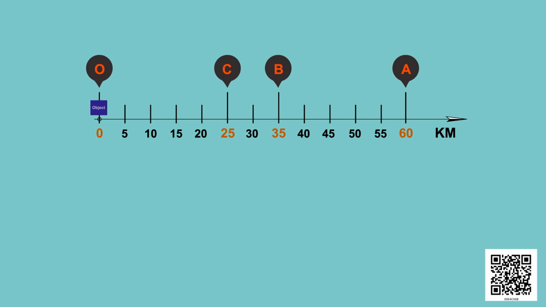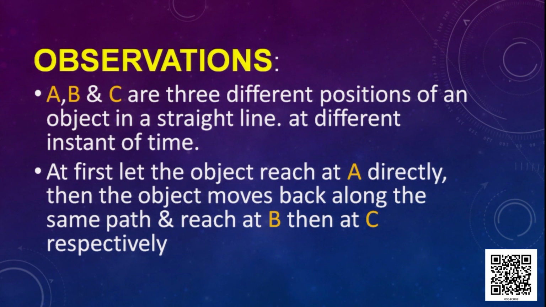On the right hand side you see the position A is mentioned, and in between O and A, two positions are mentioned, B and C. The observations A, B and C are three different positions of an object in a straight line at different instants of time, because the object is in motion.